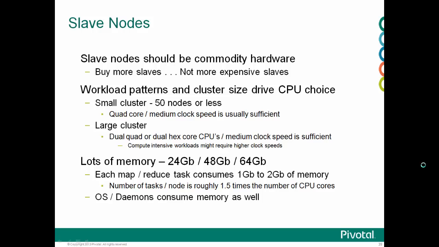Again, plus memory for the operating system, plus memory for the data node daemon, plus any other daemons that might be running on that node as well. So 24 gigabytes is probably the minimal amount of memory on any given data node. 48 is better, 64 is probably ideal.